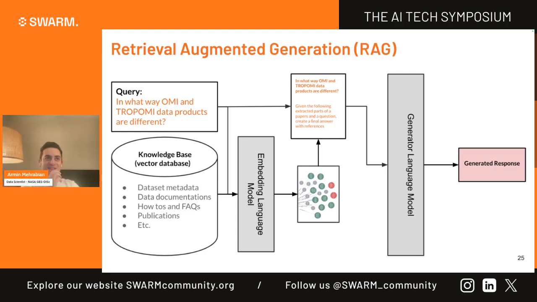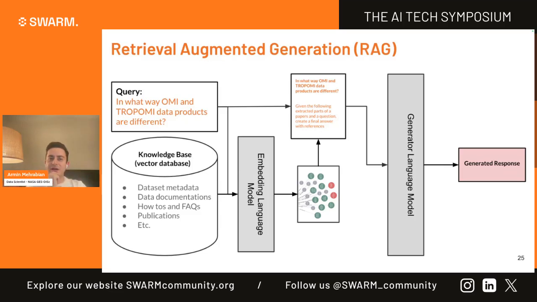I'm not a scientist, but I can tell these are two classes of data sets that offer similar products. And the question is, how are they different? And for you to answer this question, you have to sift through a huge amount of data in all those PDFs or publications.